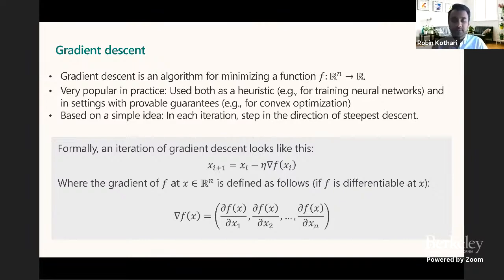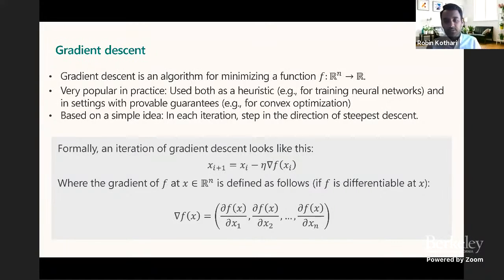This is a parameter you have to choose. For completeness, the gradient of a function at point x is defined as this: the vector of partial derivatives in each of the directions. Technically, the function needs to be differentiable for this, but you can naturally get around this, and I'll say something about this later.